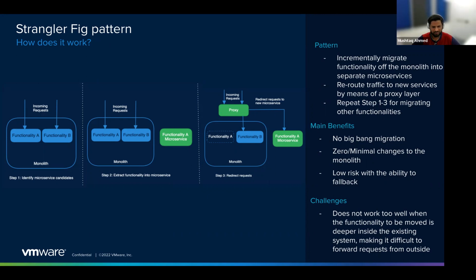One of the key features of this pattern is that not only can you incrementally migrate the monolith application, but you can also roll back if you notice any problems with the new functionality. One of the biggest benefits of this pattern is also that you have 0 to minimal changes done to the monolith. The key challenge for this pattern is that when the functionalities within the monolith are very deep inside the system and very tightly integrated, it makes it difficult to forward requests from outside to the component.